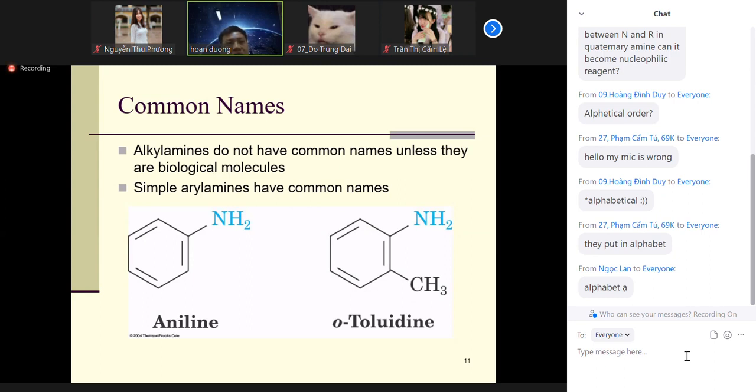Because common names, functional group names and other names are all IUPAC names. We should not say the IUPAC name is only a functional group name or substituted functional group name.